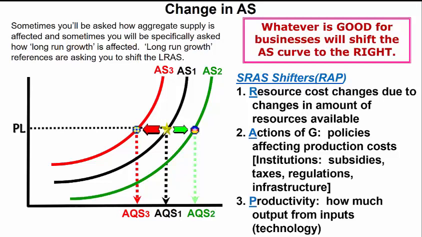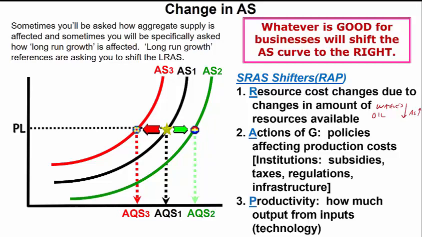So we're going to talk about all three of those things, but essentially resource costs, that would be like if wages do change price, or oil prices, or any other inputs to production. If they change in price, you're going to see a shift in the AS curve. Now, let's make this more clear. If these things go down in price, you're going to see aggregate supply go up.